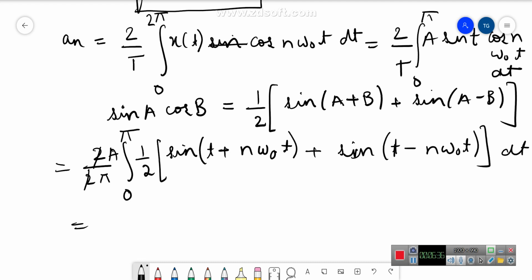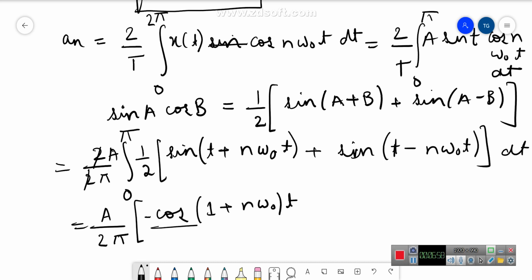So this 2 came out, so it will become A by 2 pi, and we know the integration of sine is minus cos. This will be minus cos of 1 plus n omega naught t upon 1 plus n omega naught.